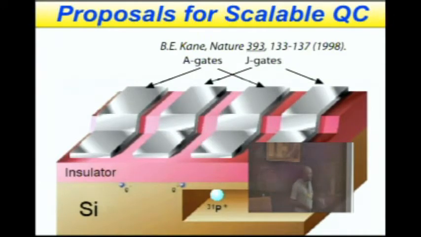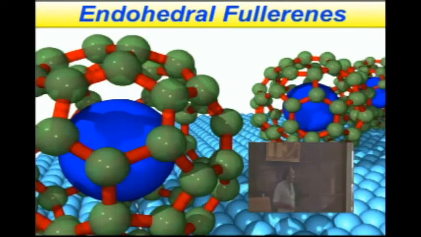Let me briefly mention a few proposed ones. A very famous one is that by Bruce Kane, who suggested to use nuclear spins of phosphorus-31 embedded into a silicon matrix and controlled by nanometer-sized gates which apply electrical fields. I like this system quite a lot, which was also on my title slide. These are endohedral fullerenes.